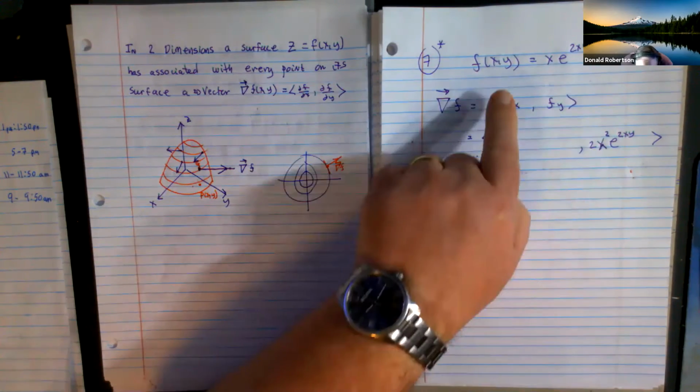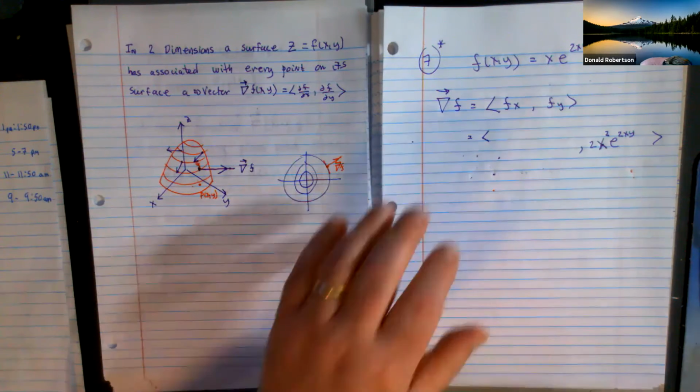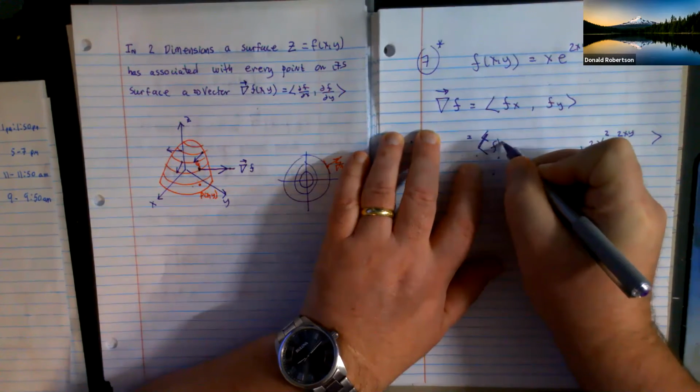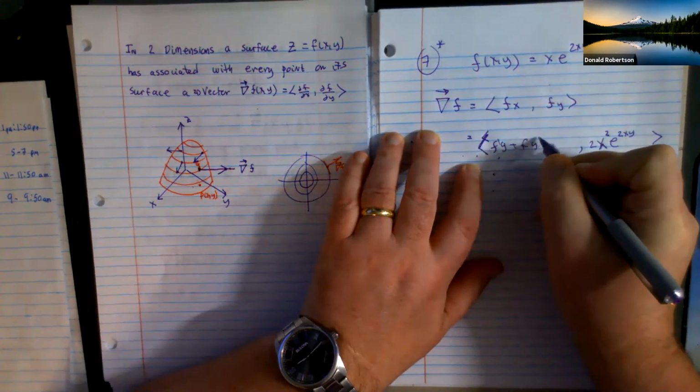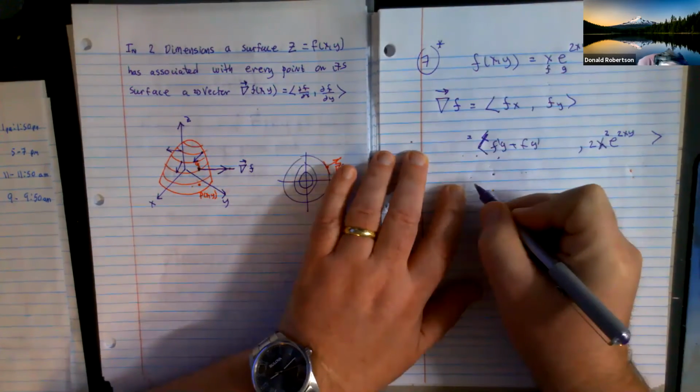Now, this fella here is essentially a product rule, isn't it? Because it's an x times e to the 2xy. Both pieces have an x in it. So it's f dash g plus f g dash, where I think this is f, and I'm going to think of that as g. So let's see what we get.